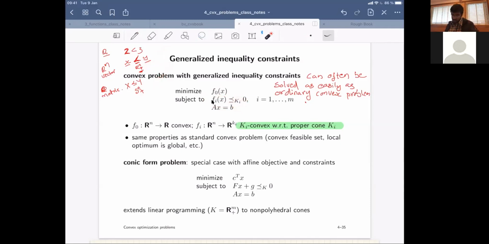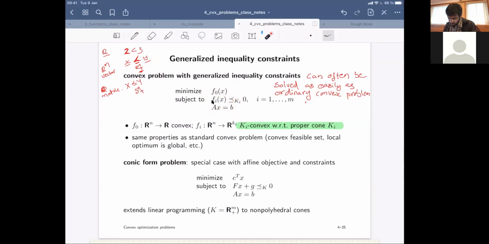Now what I'm saying is our original or standard convex optimization framework can be generalized by replacing this inequality with a generalized inequality.